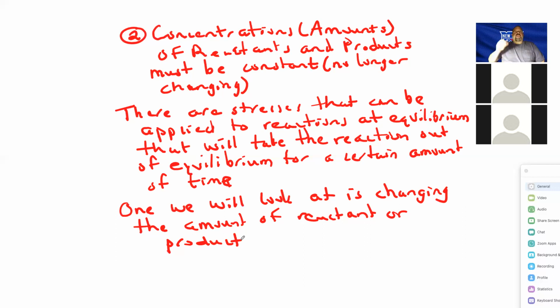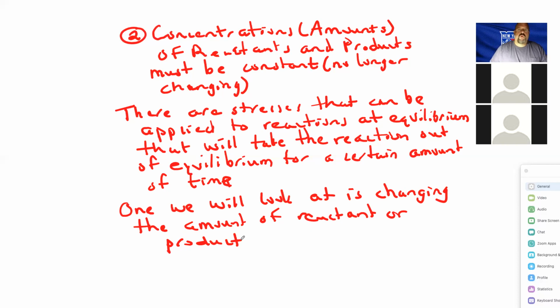In other words, essentially physically by hand, putting reactant in or putting product in, or taking reactant out or taking product out. Not necessarily by hand, but by physically doing something that alters the amount of reactant or product.